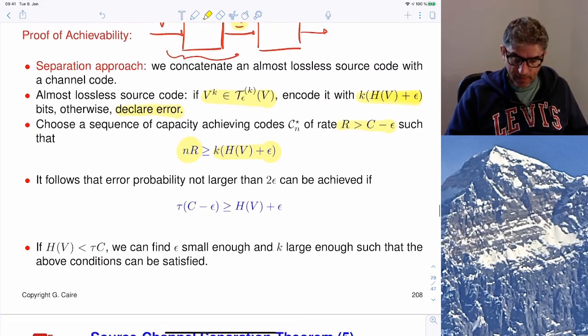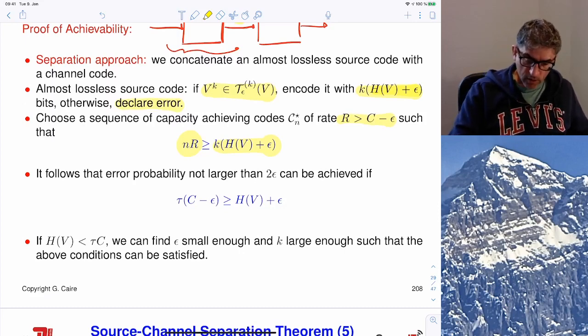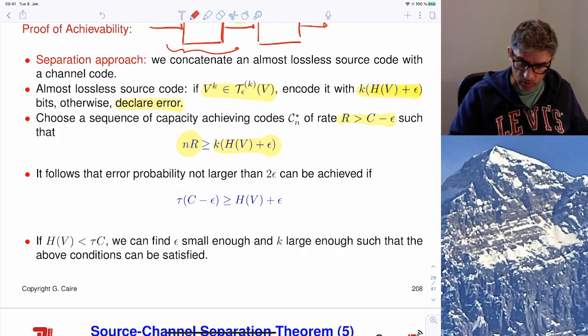So what happens is that now we can simply do the following. This condition can be verified if, of course, we choose (C minus epsilon), which is a lower bound on the rate, times n, greater than or equal to k times (H(V) plus epsilon).